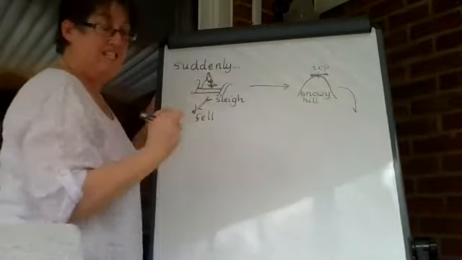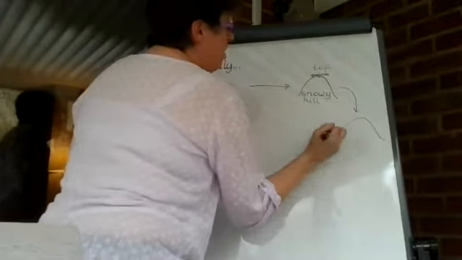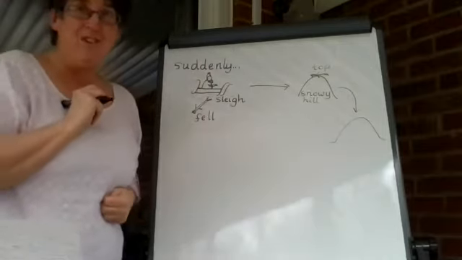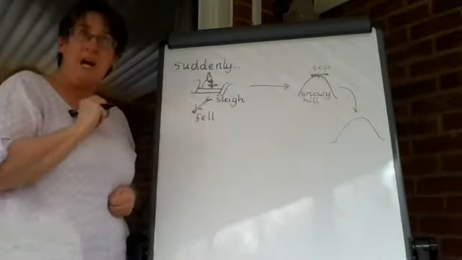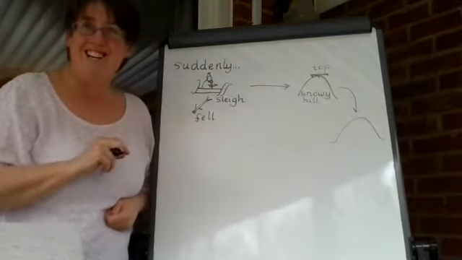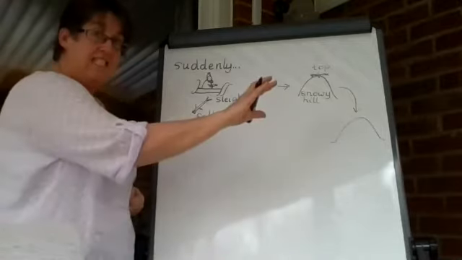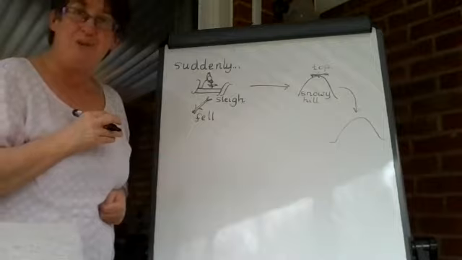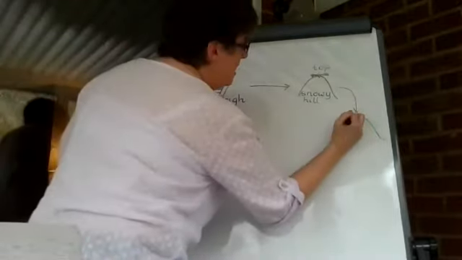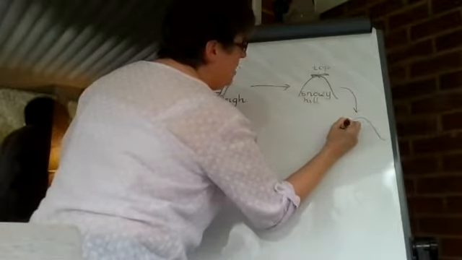Here's the next bit. In this bit of my story, I was inspired with my idea by another story that I like, Home Before Dark, where the teddy bear gets left in the park and he slides down the hill to the front door. Do you remember that story? So in my story, Stickman is going to slide down the hill.